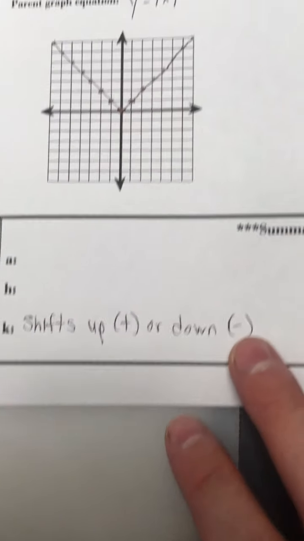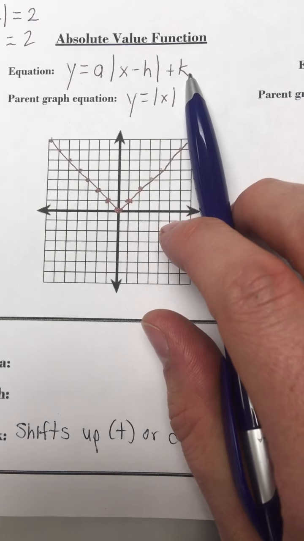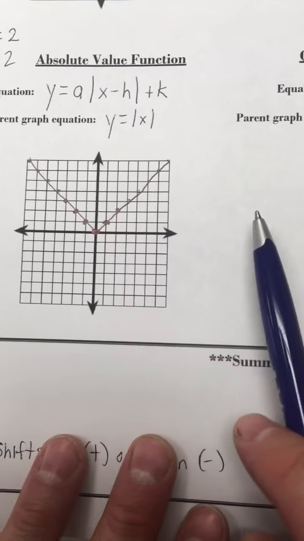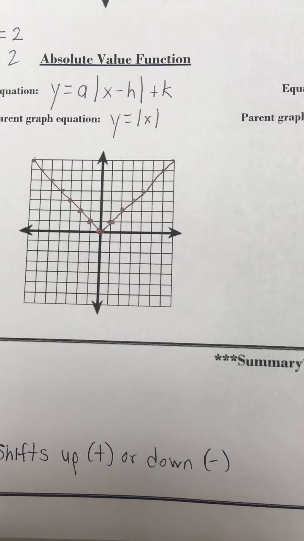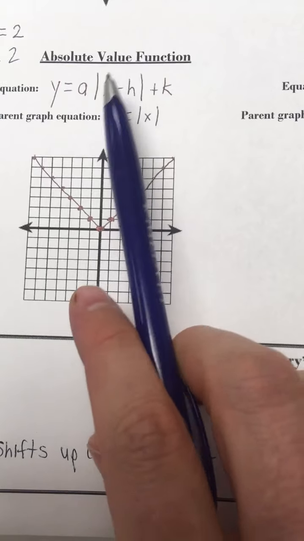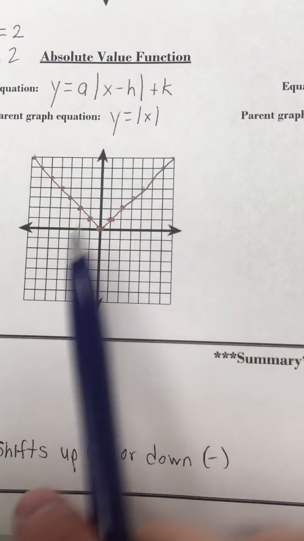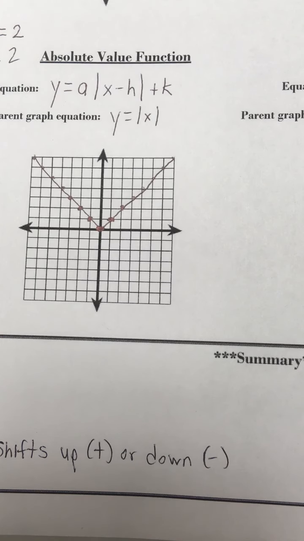Now, the k value at the end moves it up and down. What do you think the h value on the inside of the absolute value, or the inside of the parentheses, what do you think that would do? It would move it left and right. The only thing is, it does the opposite of what it looks like it should do. A lot of people, when they see absolute value of x minus 3 here, they think, okay, minus 3, negatives on the left side, so it's going to move it to the left.